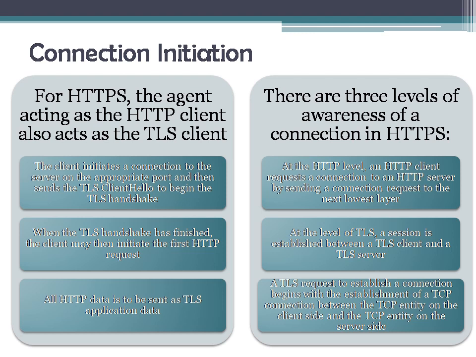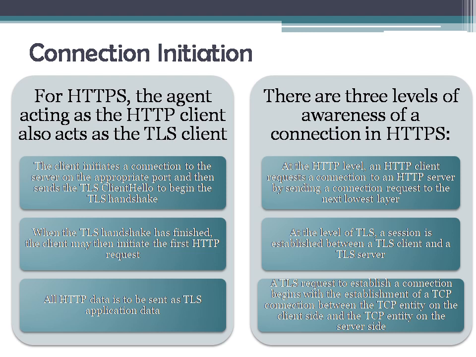Then there are around 3 levels of awareness of a connection in HTTPS. At the HTTP level, an HTTP client requests a connection to an HTTP server by sending a connection request to the next lowest layer. Typically, the next lowest layer is TCP, but it also may be TLS or SSL.